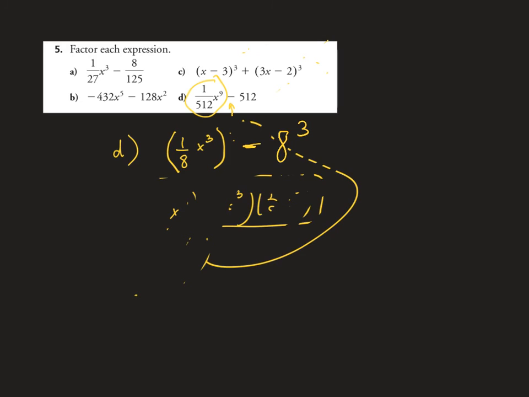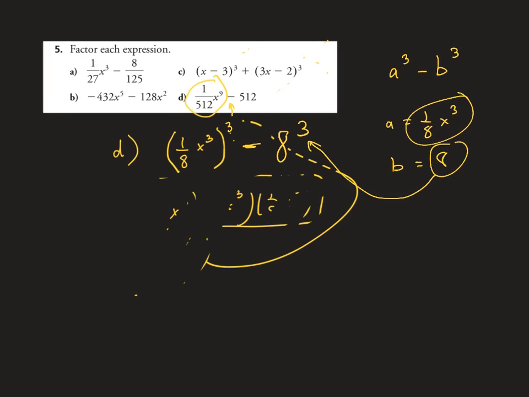So our a value, when we have let's say we have a cubed minus b cubed, where a is equal to 1/8 x cubed, and b is simply equal to 8. Right, so 8 is being cubed for the second one, and 1/8 x cubed is being cubed for the third one. All right, now that we know that, we can plug it into our formula.